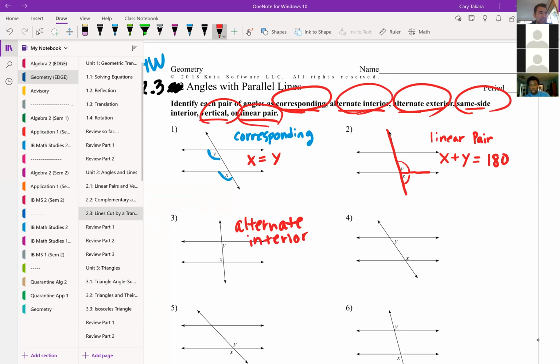Which one is it? They are equal. X has to be equal to Y. Those two angles are the same. You guys with me?